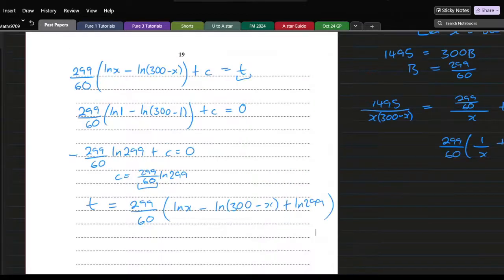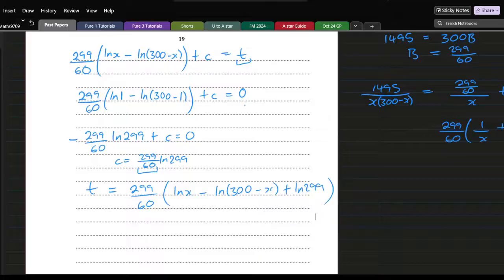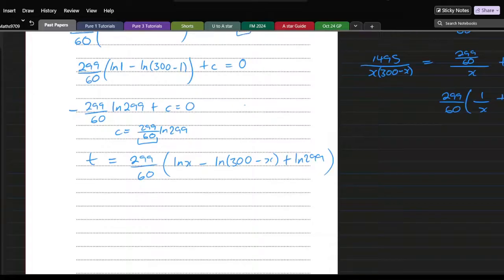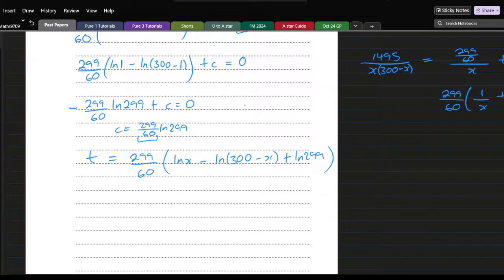They say that they want us to write this as a single logarithm. Okay, so we can use laws of logarithms here. So I'm just going to rearrange this a bit. t is equal to 299 over 60 times (ln x, then I'll write the ln 299 second, ln 299 minus ln (300 minus x)).